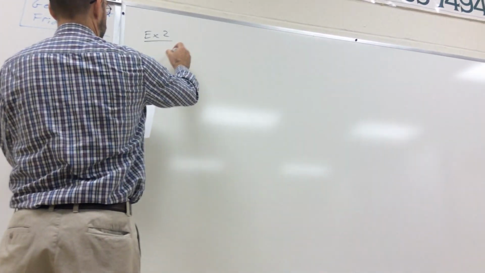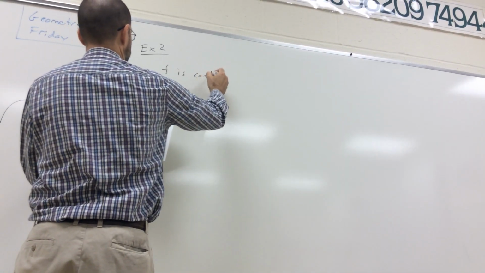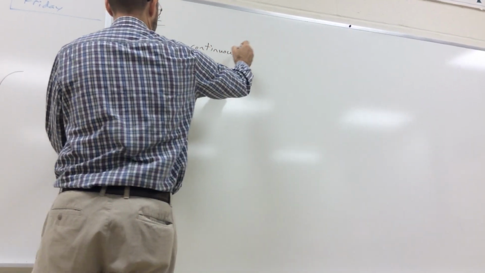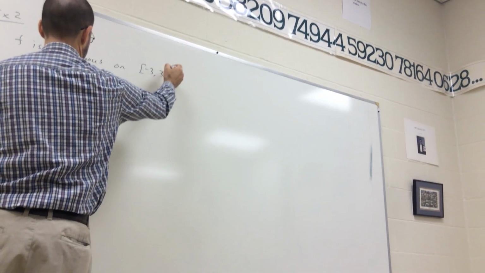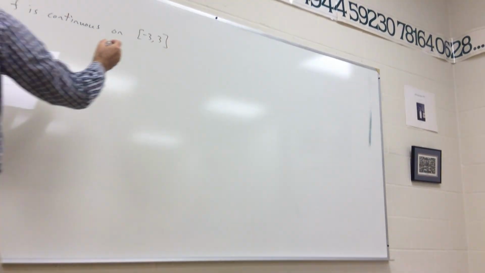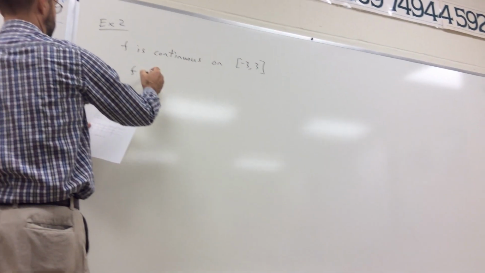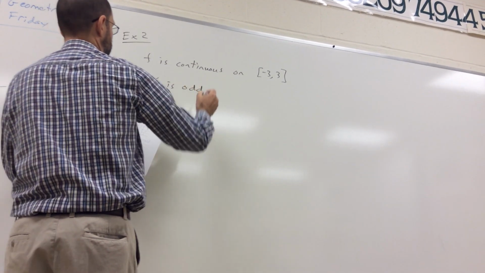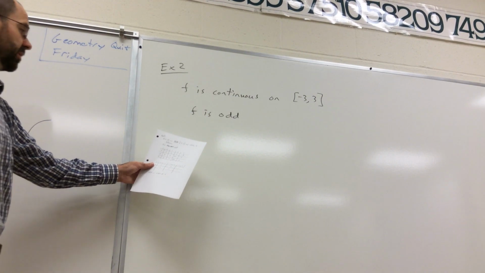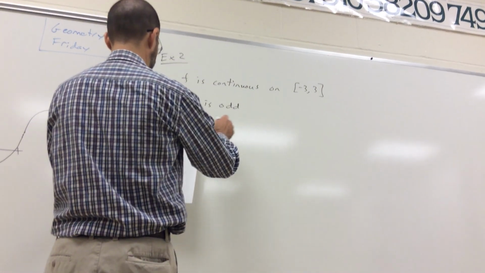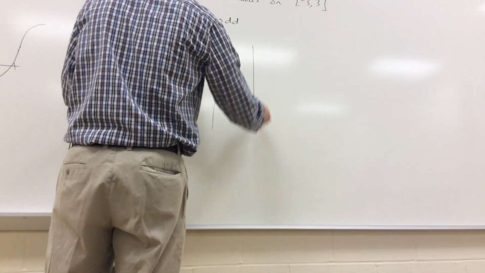So first of all, it says f is continuous at the top there on the interval [-3, 3]. And then it also says that f is an odd function. So that's some information that we'll have to figure out what exactly that means. Then there's some values that are given.